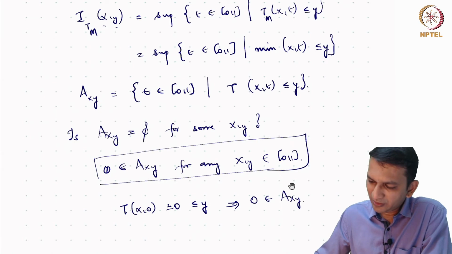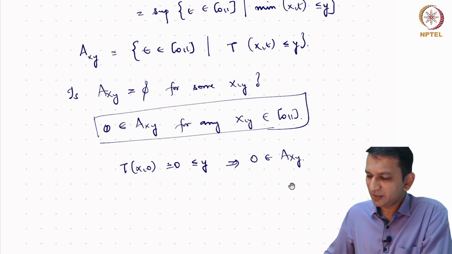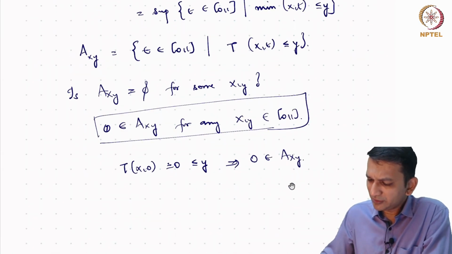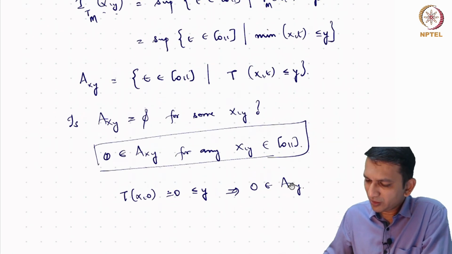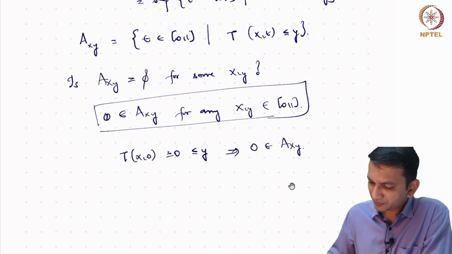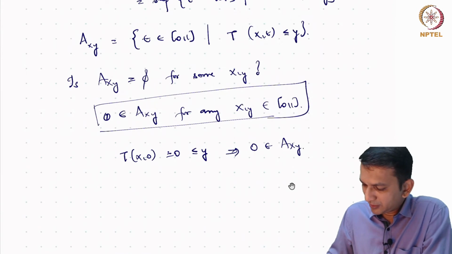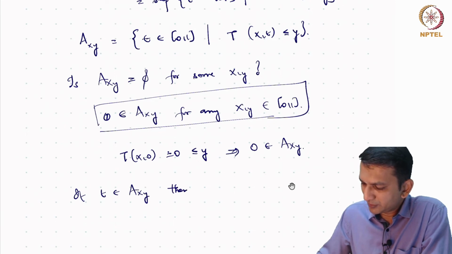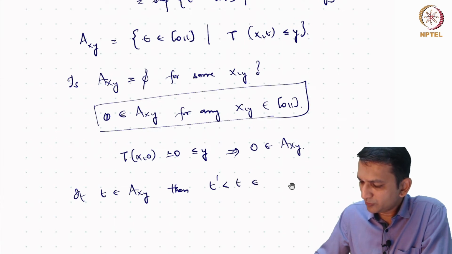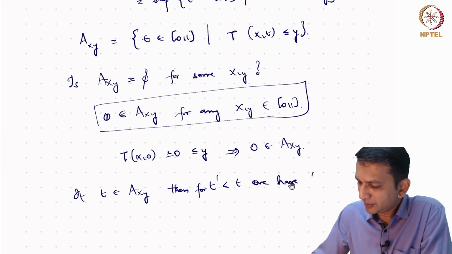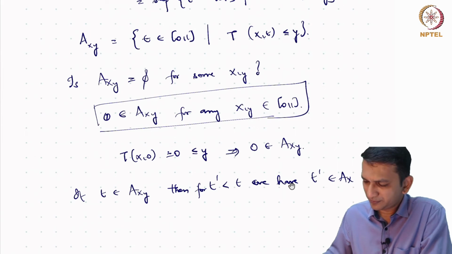And not only this, there are many other interesting facts about this set A_xy. Now what can this A_xy be? If t belongs to A_xy, then we can say that any t dash smaller than t also, for t dash element, we have t dash belonging to A_xy.